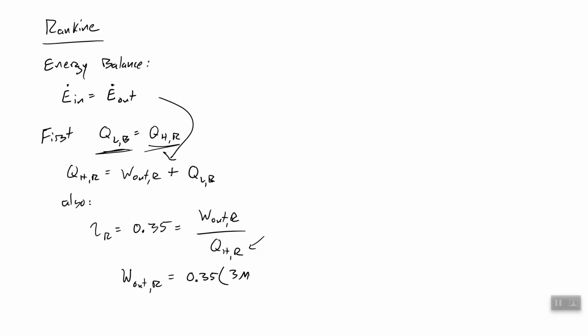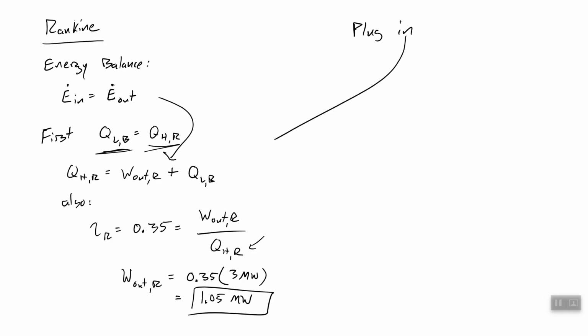Anyway, so 3 megawatts. And so 35% of 3 megawatts is 1.05 megawatts. That's how much power we're getting out. Okay, now we plug into our energy balance because now we know work out and we already knew QHR.